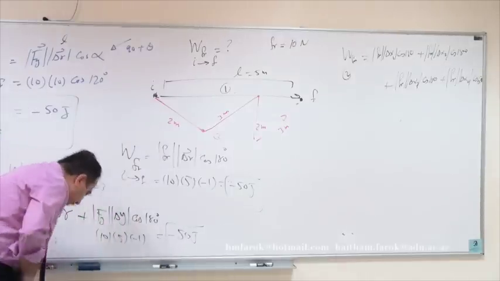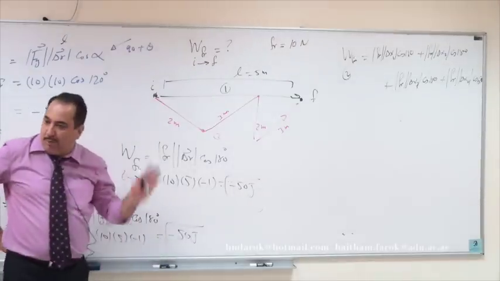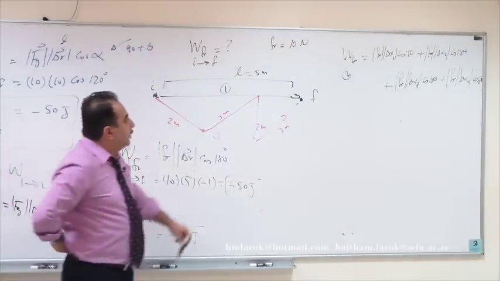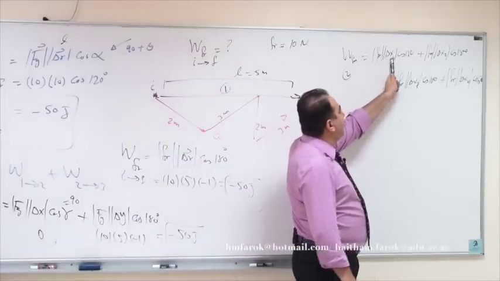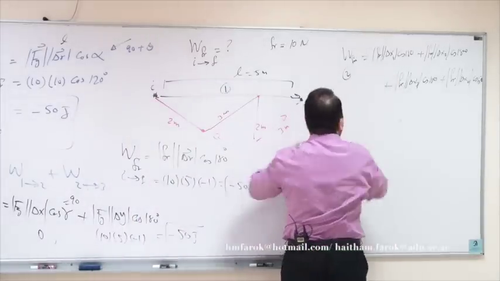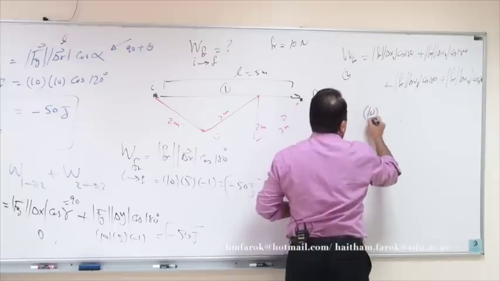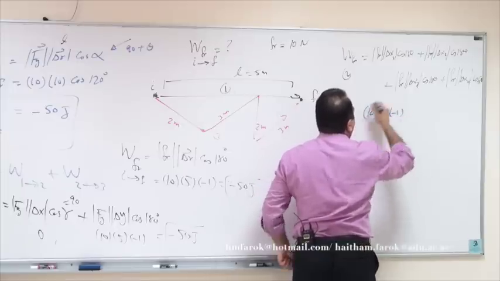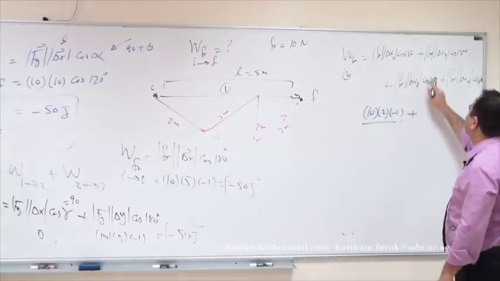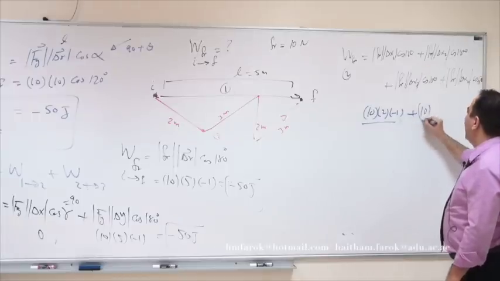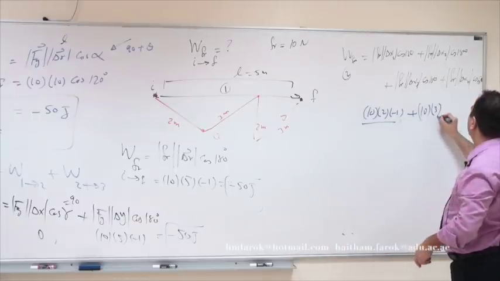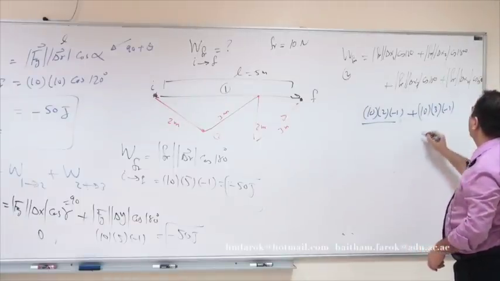How much is FR? 10. Always, yes? So what is the first one? 10 by 2. So we have 10 by 2 by minus 1. This is the first one. Plus 10 by 3 minus 1.